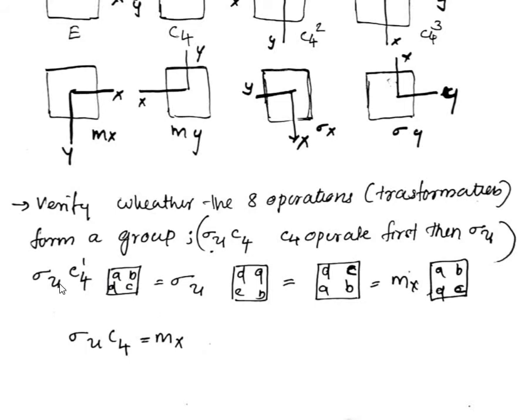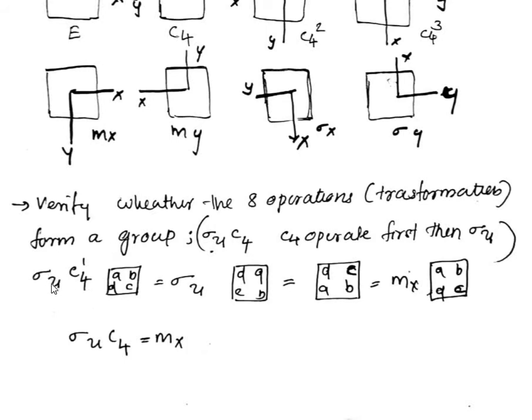All the operations, you have to operate from right to left. So if C4^1, C4^2, C4^3 and the identity element, then Mx, My, sigma U, sigma V form a group, it has to obey the closure property.